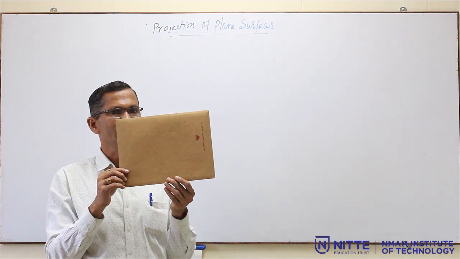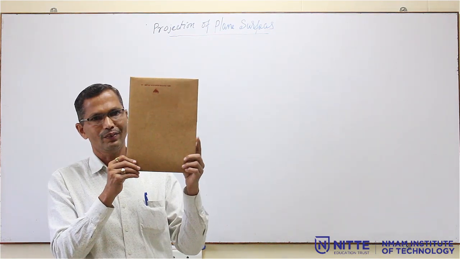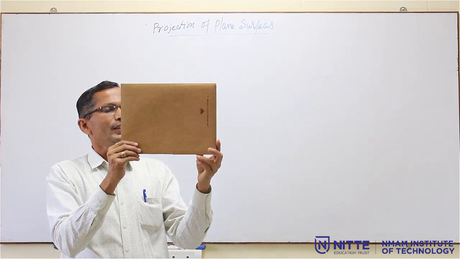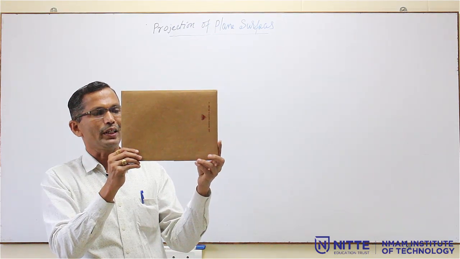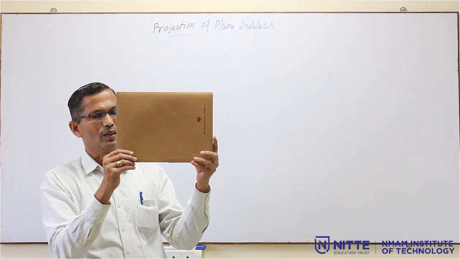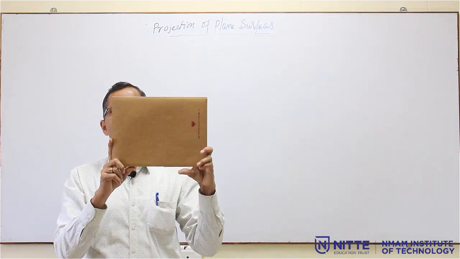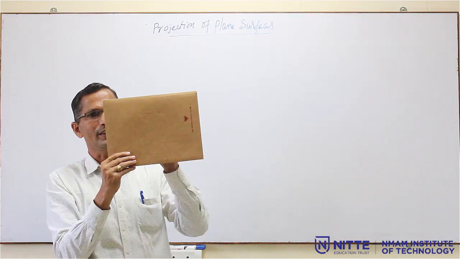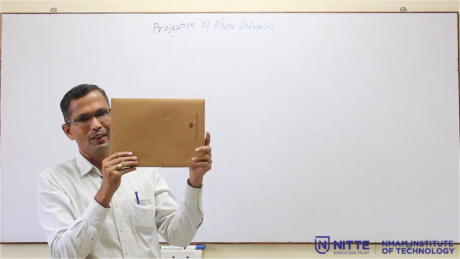I can hold it like this or I can hold it vertically. If I hold it in this position and go on giving some inclinations to VP, what is the front view now? Front view is an actual rectangle, that is the true length, because now this rectangle is parallel to VP.